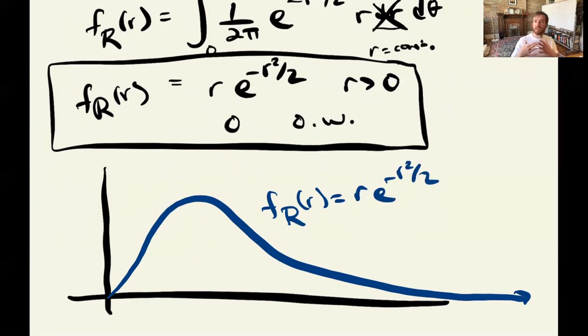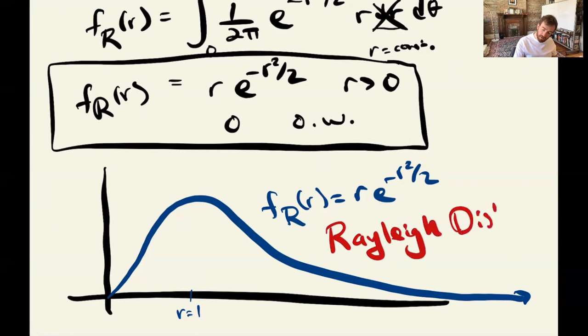And so in particular, if you look at probability density for how radius varies, there ends up being some sort of maximum value roughly around r equals 1, at least in the case where we're looking at this. And this right here is actually called something special. This is the Rayleigh distribution for r.